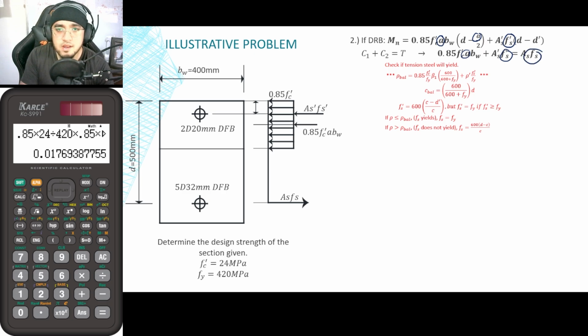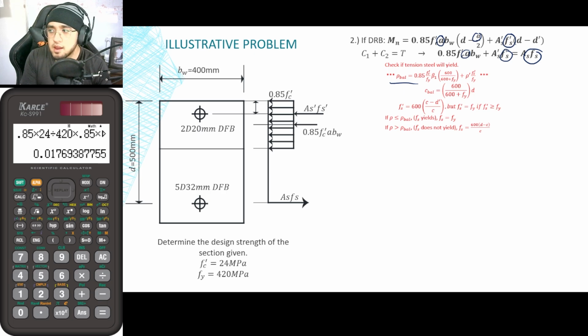So the first thing that I will do is solve for rho balance first, because in that case I will be hitting two birds with one stone, since it is required in the problem what the value of rho balance is. And using rho balance, I can solve if the value of Fs would yield.